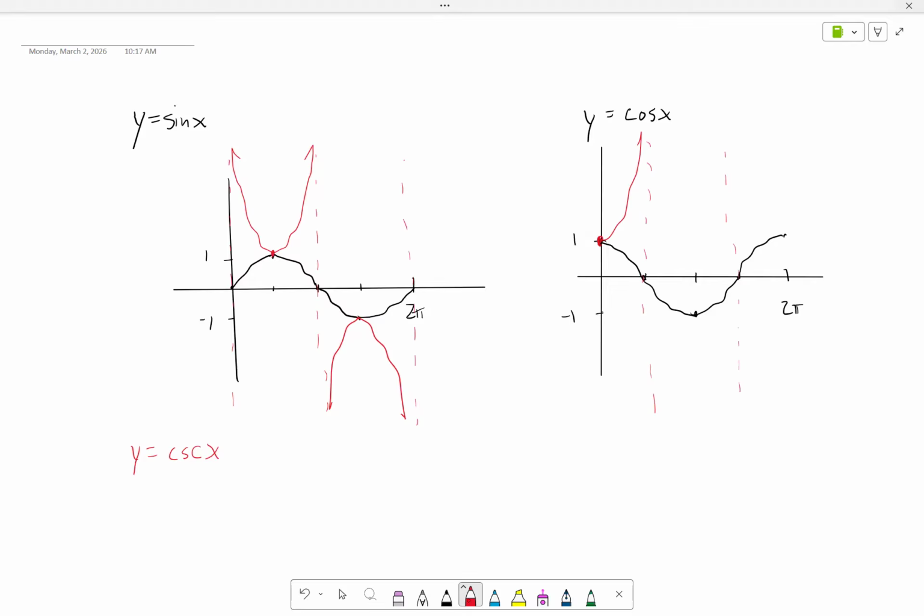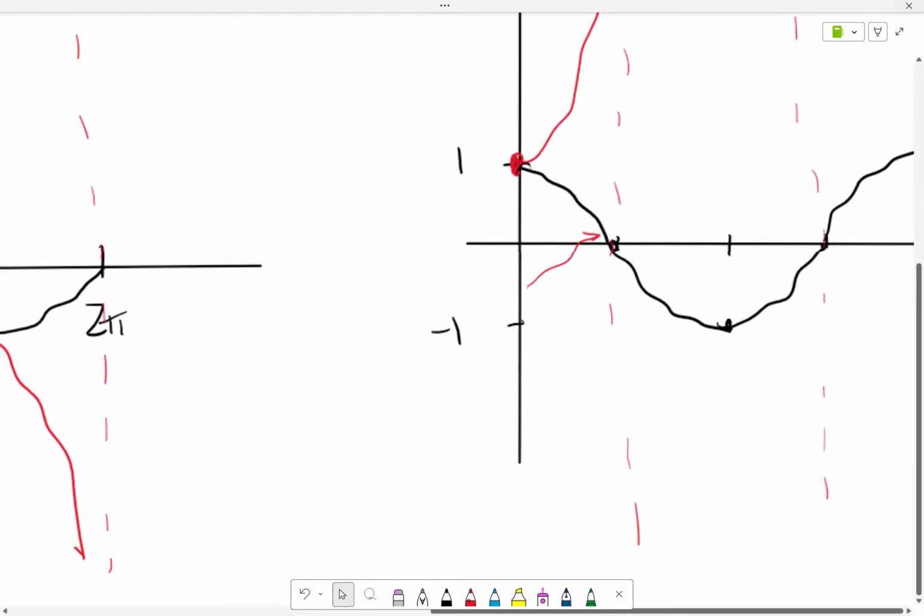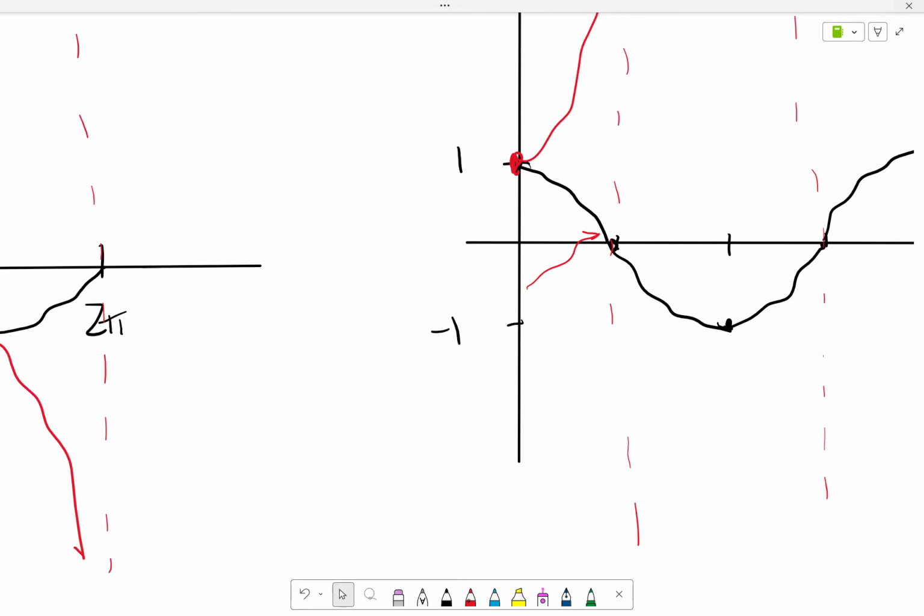Just to make sure we're clear, I don't know exactly what the y value is right there, but maybe 1/10. The reciprocal of that is way up there. And as I get closer to pi over 2, when it gets to 1/100th, the reciprocal becomes 100, and it goes up forever. I hope it makes perfect sense.